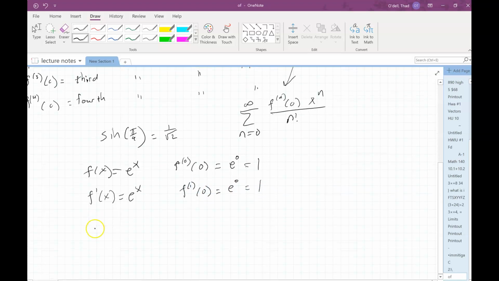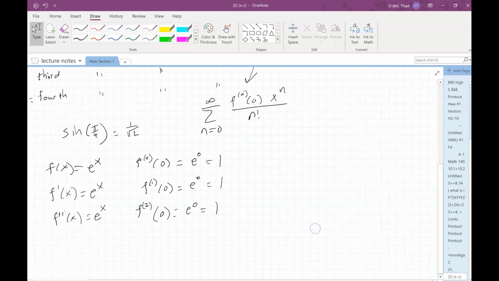And we don't have to go very far to see that that is just going to keep producing 1, because the derivative of e to the x is just e to the x. So the second order derivative evaluated at 0 would be e to the 0, which is still just 1. So what we discover is that this piece right here, the yellow piece, seems to be 1 no matter what derivative we're looking at.